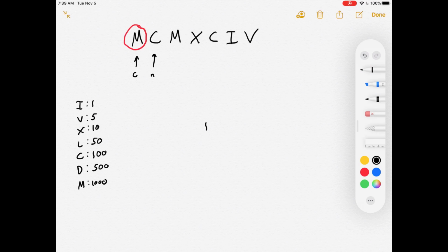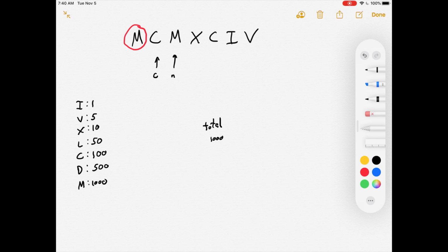So right now, the total is 1000. Notice that the only thing we've added out of these 2 numbers is the number on the left. So since we've only added the number on the left to our total, we still need to consider the number that was on the right, the letter C.